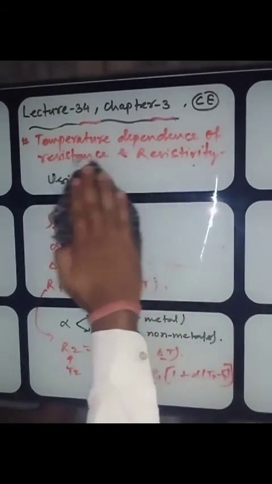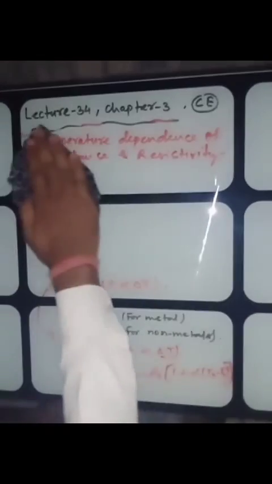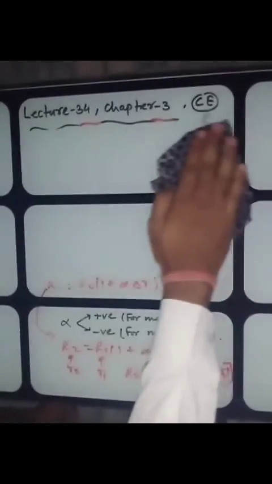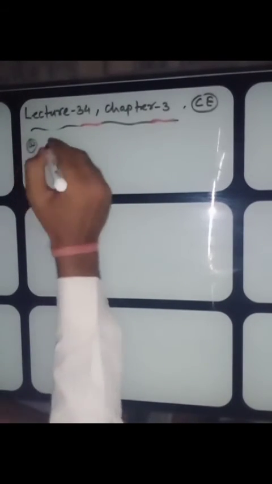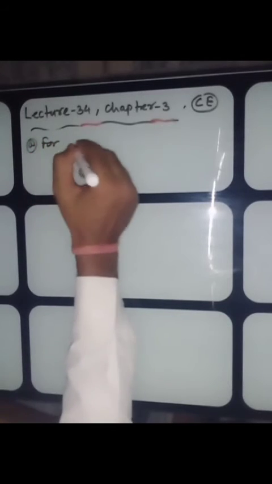Now one by one we are going to plot a few graphs which show the relation between resistance and temperature. For metal first, for conductors.